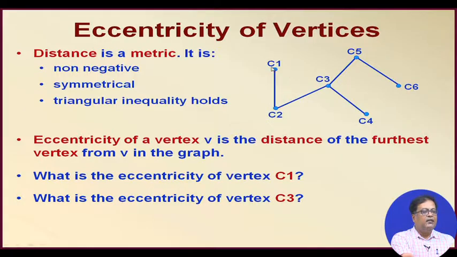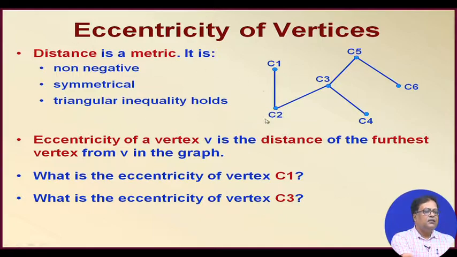So, if you add the distance from C1 to C4, which is 3, and C4 to C5, which is 2, then we get 5, that should be higher than C1 to C5 which is 4, that is called triangular inequality. So, distance is a metric.